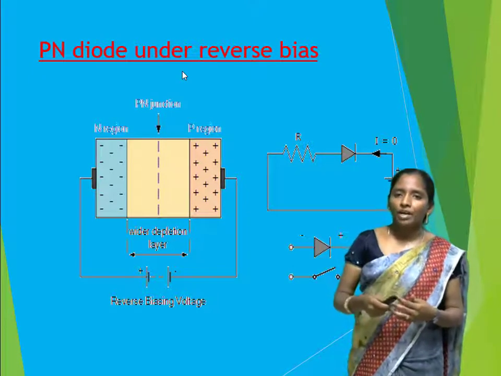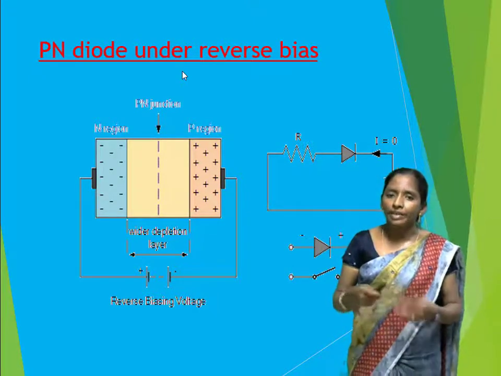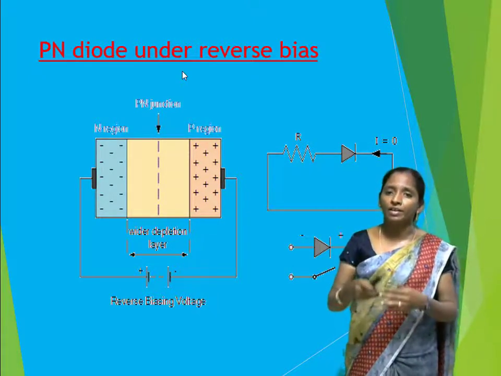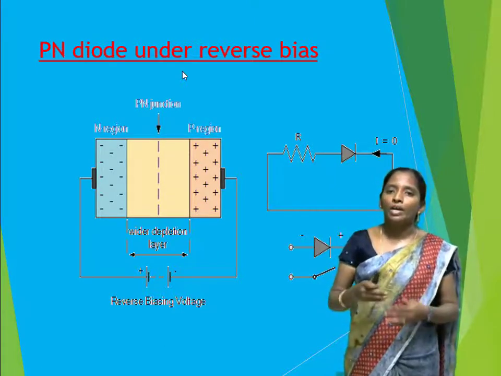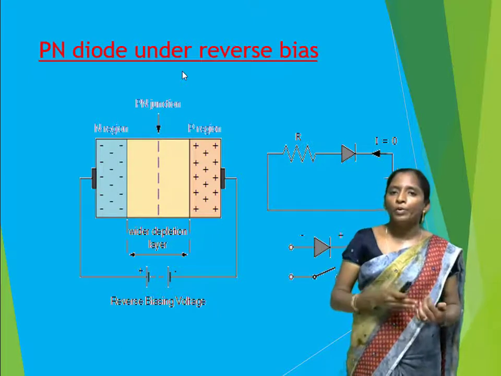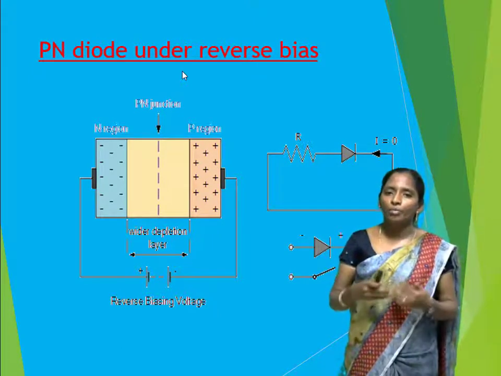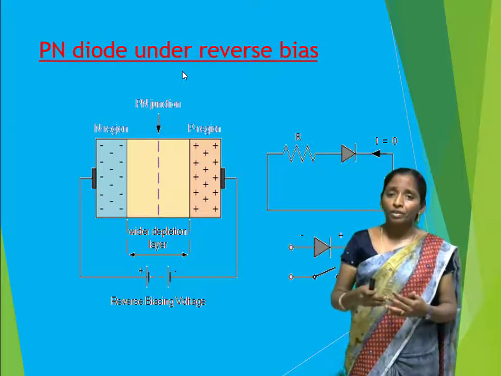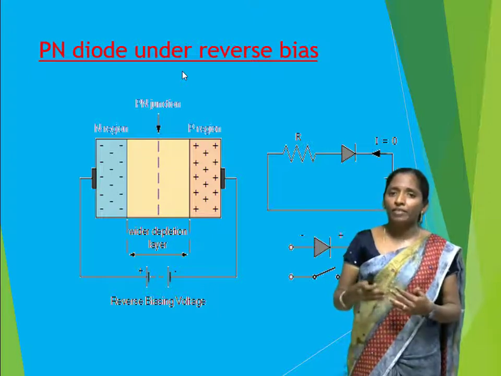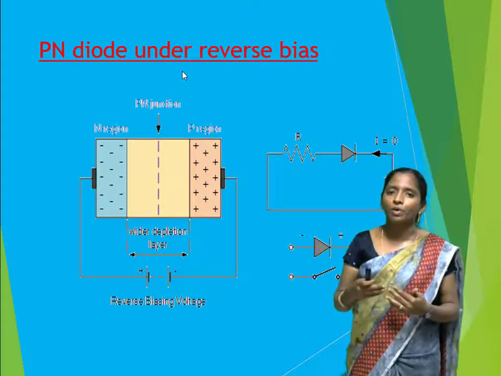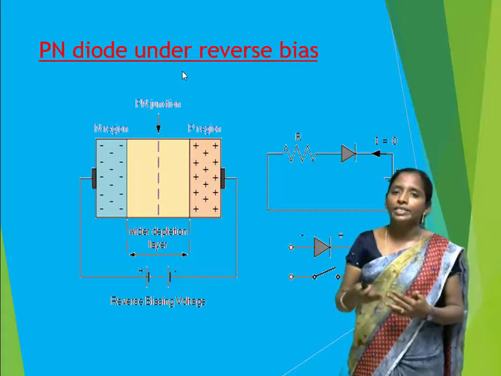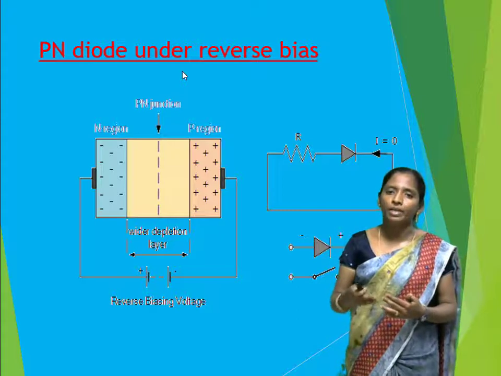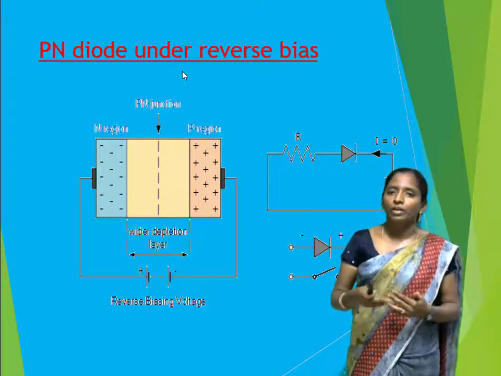If you increase the reverse voltage, the depletion region width increases. Then no current flows from the input to the output; the output current is 0. If the depletion width increases, the resistance increases. If the depletion region width is high, resistance is also high, but current is very low.